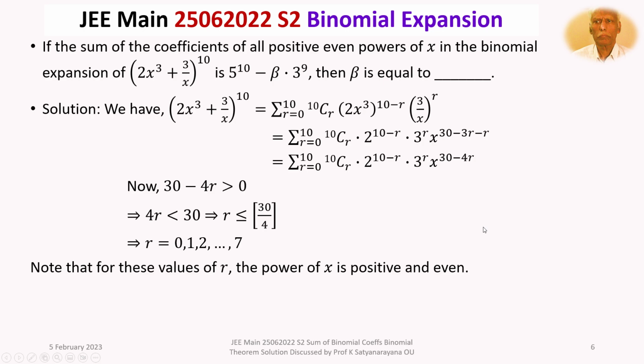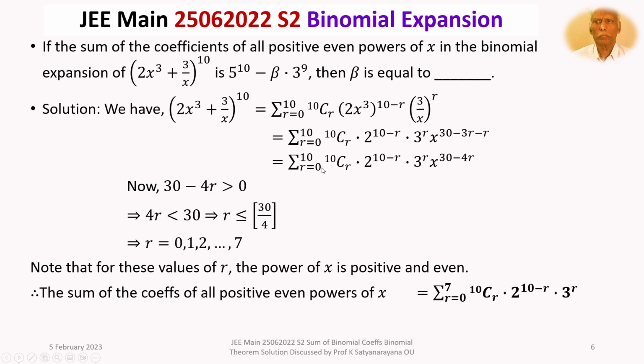Now we have to get the sum of the coefficients of all positive even powers of x. So the sum of the coefficients will be sigma r = 0 to 7, 10Cr into 2^(10−r) into 3^r. That is the sum of the coefficients of all positive even powers of x. Now we continue in the next slide.